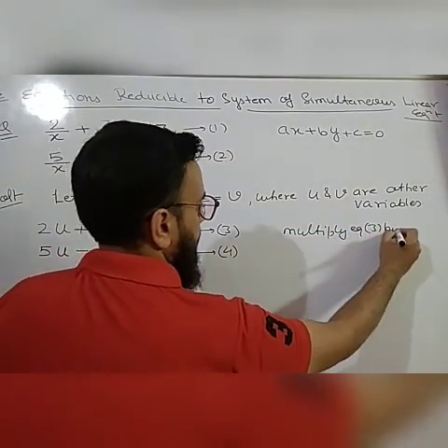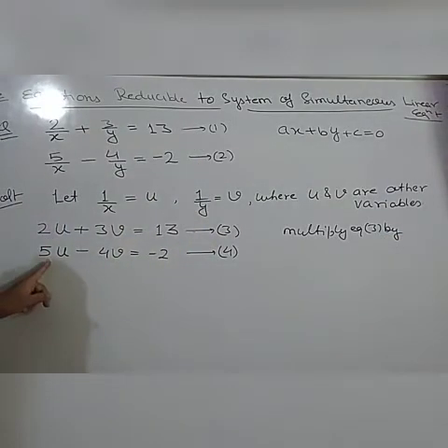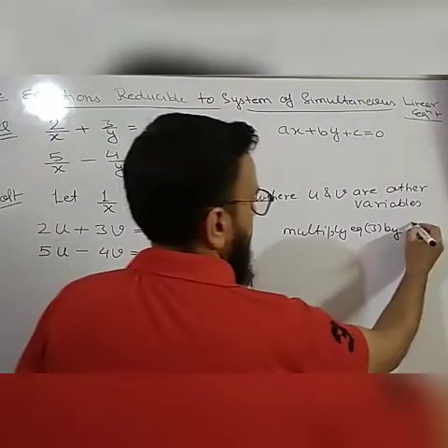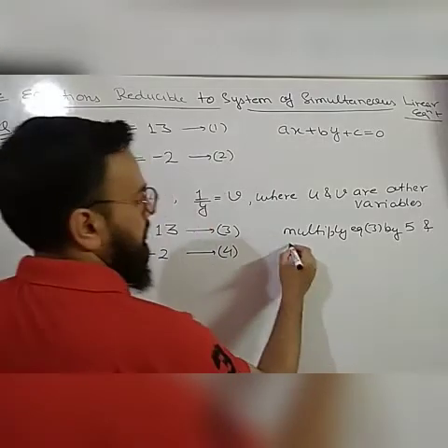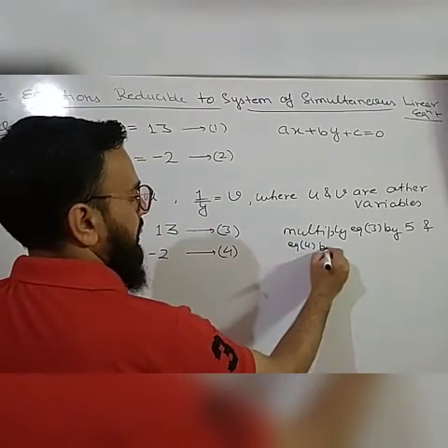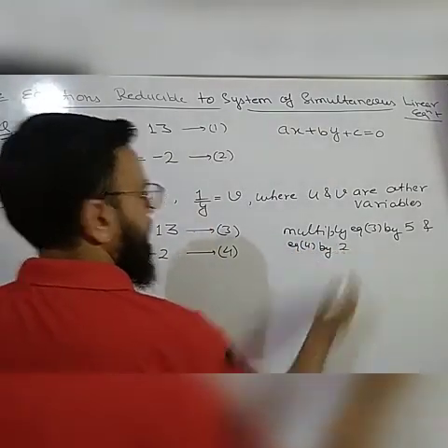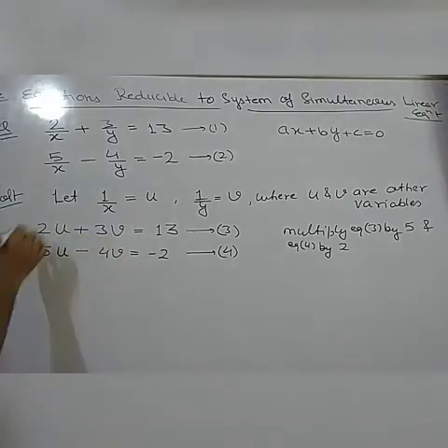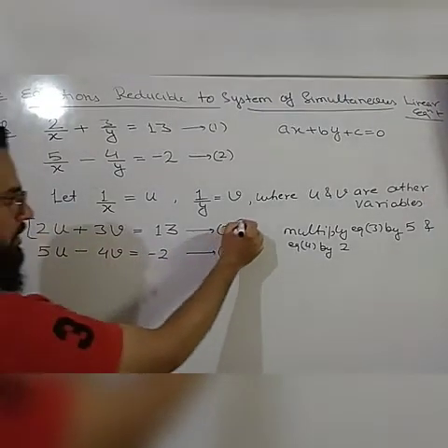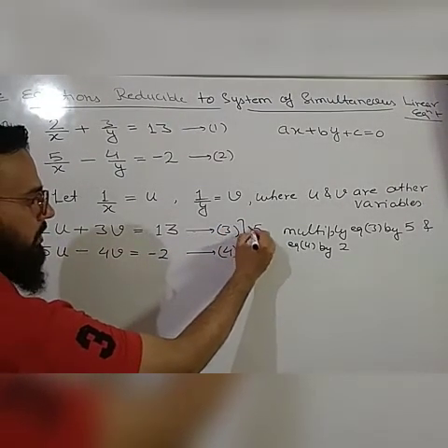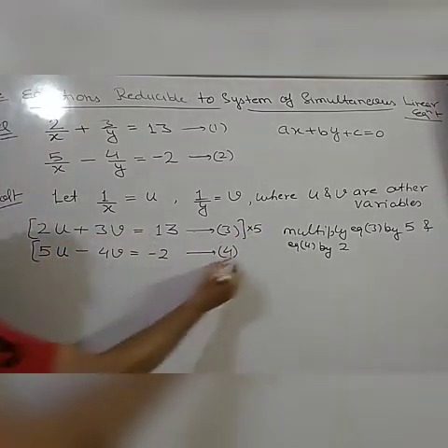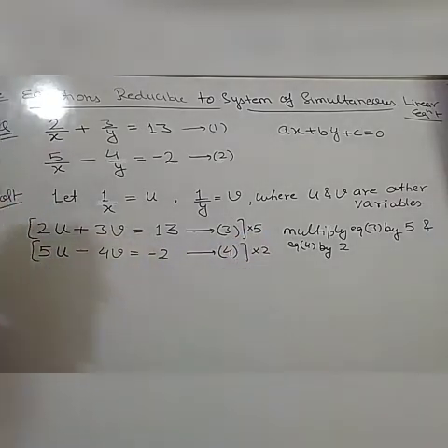So multiply equation 3 by 5 and equation 4 by 2. So multiply this whole equation number 3 by 5 and this whole equation 4 by 2. So we will get another two equations, equation 5 and equation 6.